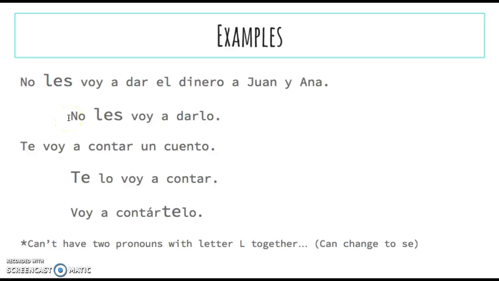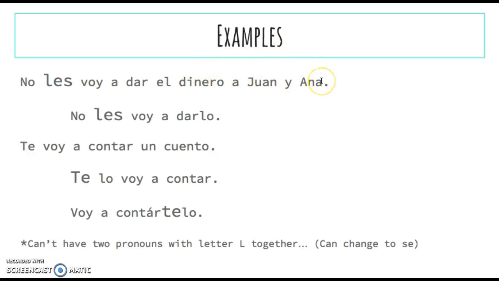All right. In this situation, dar is our verb, to give. El dinero is our direct object because what is it that I give? I'm giving the money. Our indirect object would be Juan and Ana, right? To whom am I giving the money?